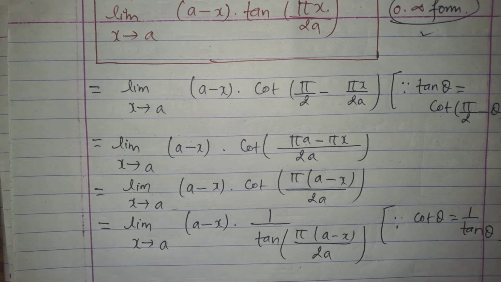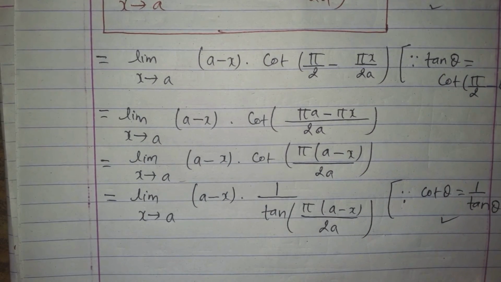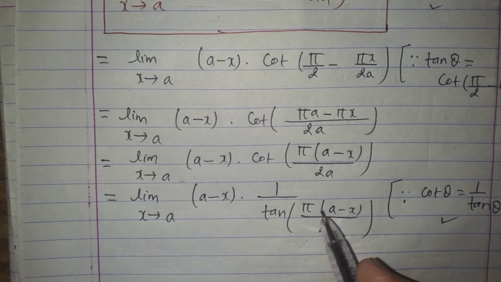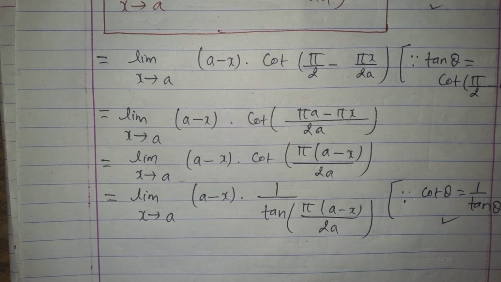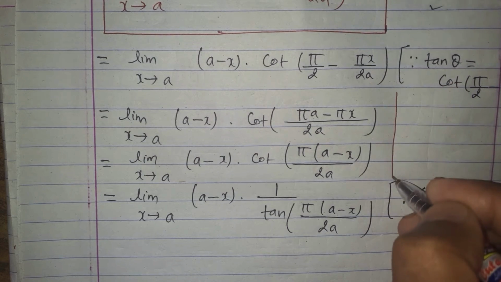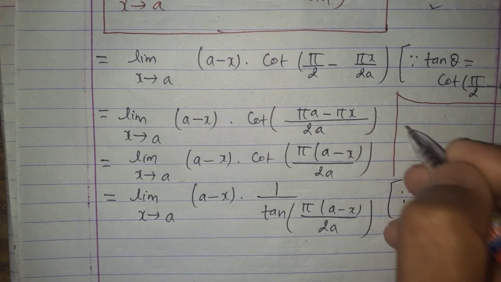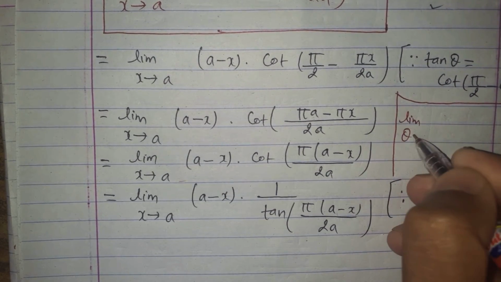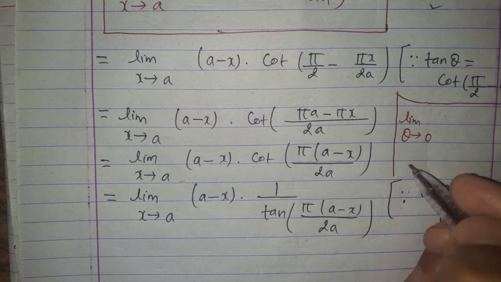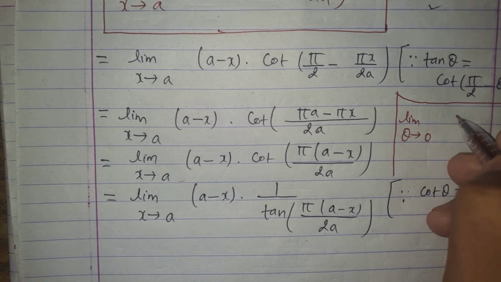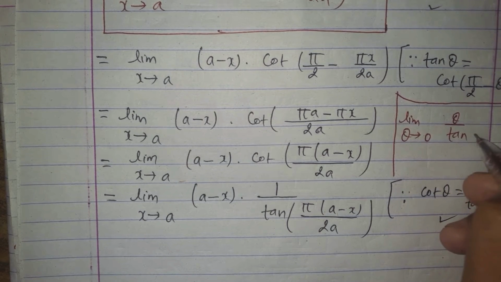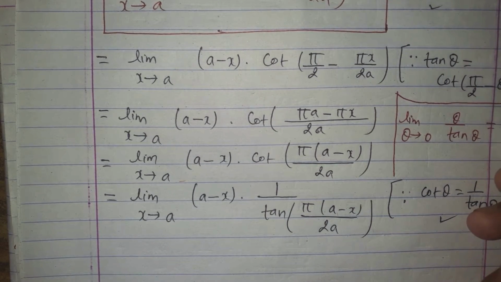And we have a very important result on the limit of the trigonometric function. Let me write here the limit when theta tends to 0 of the function theta over tan theta, it always gives the result 1.